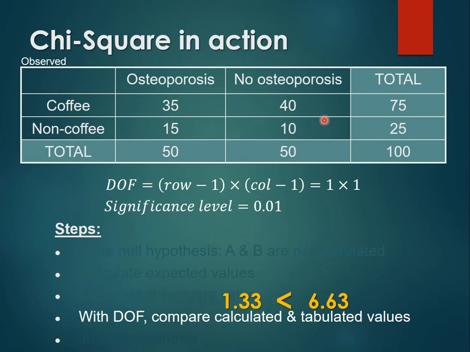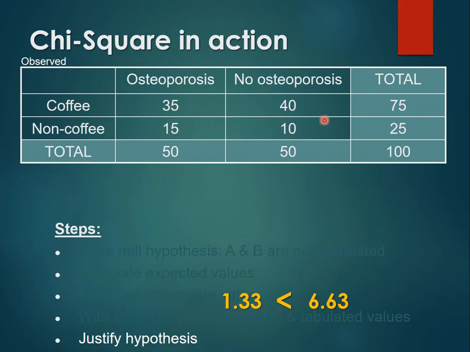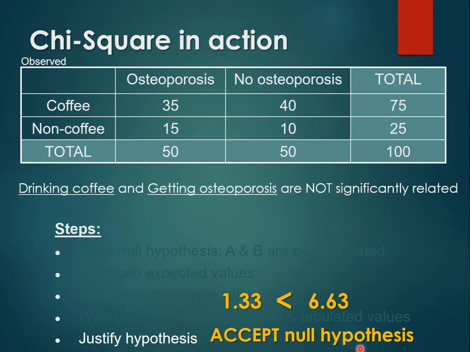So the calculated value is less than the tabulated value. The next step is to justify the hypothesis. Since the calculated value is less than the tabulated value, we accept the null hypothesis. What is the null hypothesis? Our hypothesis is that drinking coffee and getting osteoporosis are not significantly related.